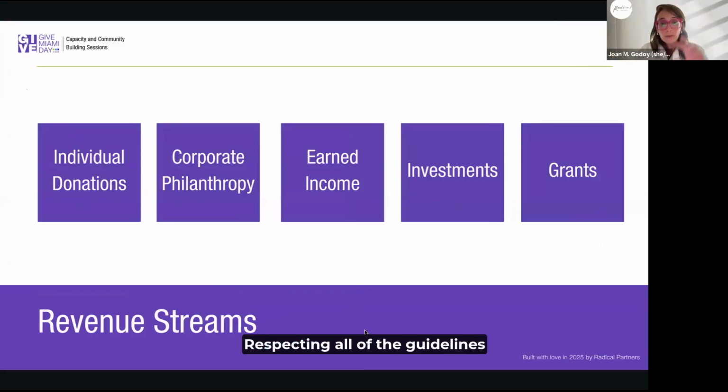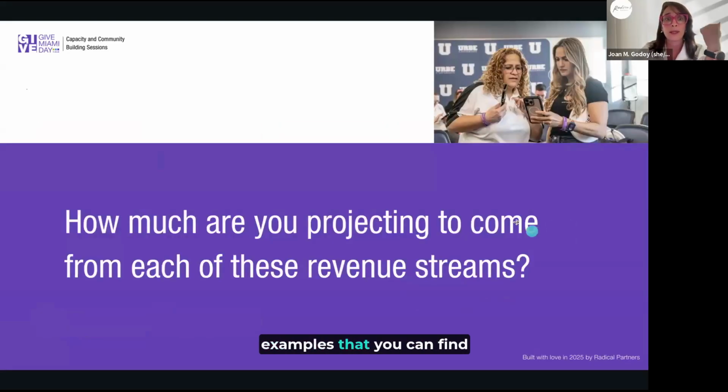Respecting all of the guidelines from the IRS. Some of you do fee for service and give some workshops. You have some other things that you offer as earned income for your 501c3. Some of you get future investments, and most of us highly depend on grants.